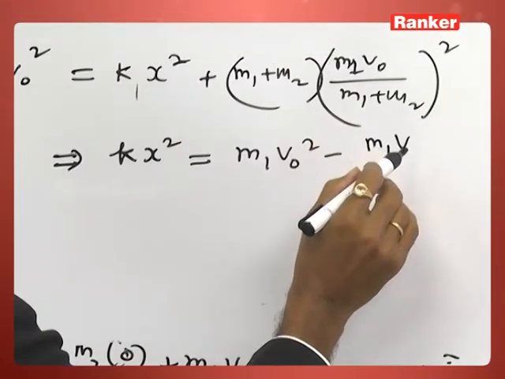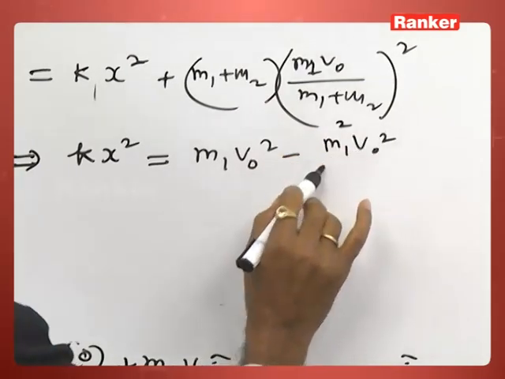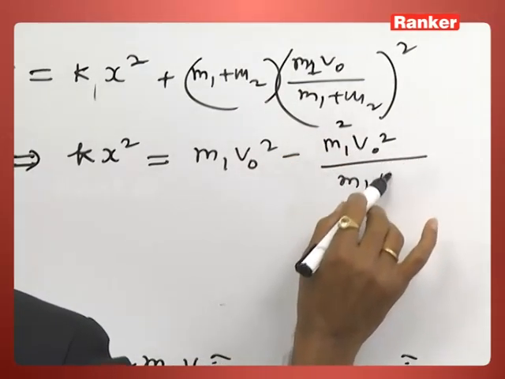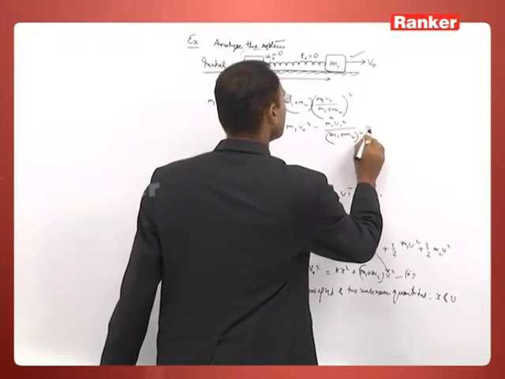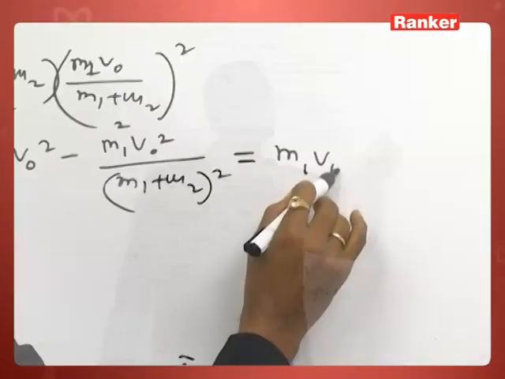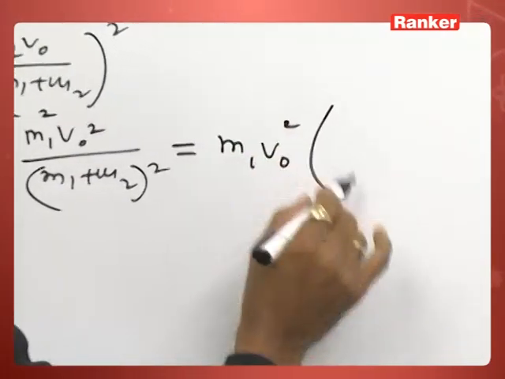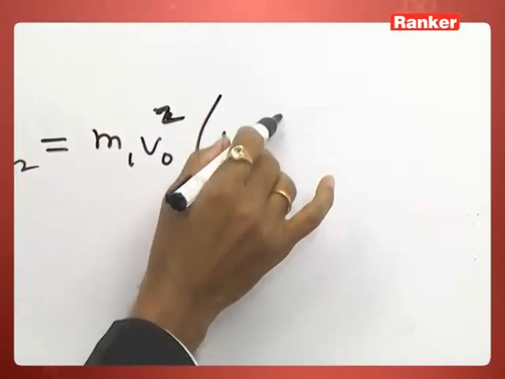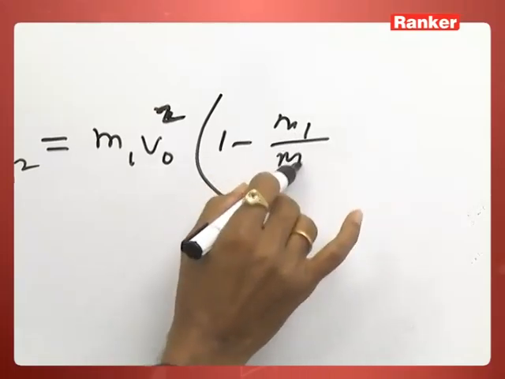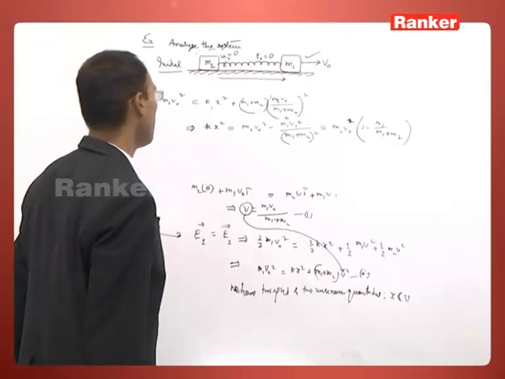So we are getting m1 square v naught square by m1 plus m2 whole square. You can take common m1 v naught square into 1 minus m1 by m1 plus m2.